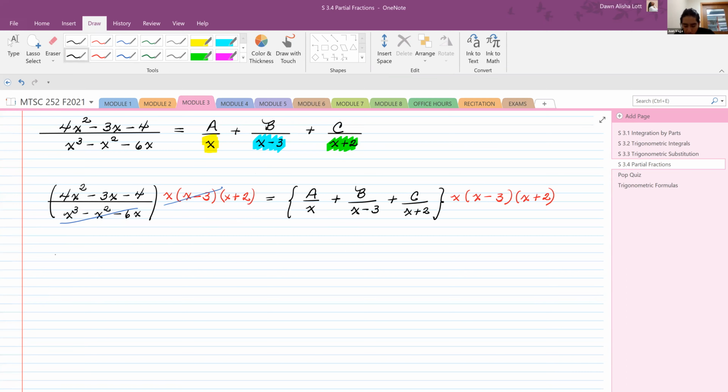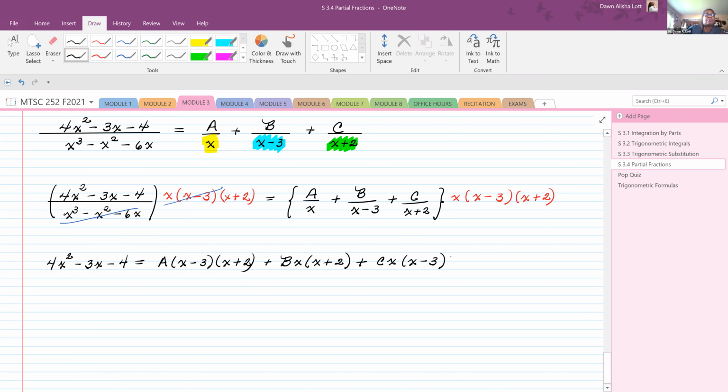Oh, 4x squared minus 3x minus 4 equals A times x minus 3 and x plus 2, and plus B times x plus 2, and plus C times x minus 3. Okay, so your next step should be just that, beautiful.